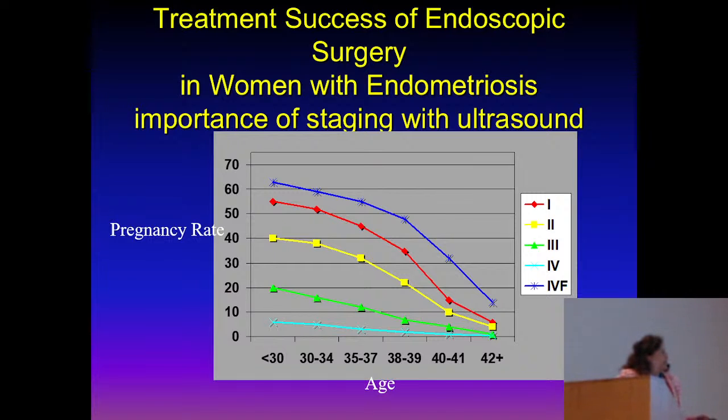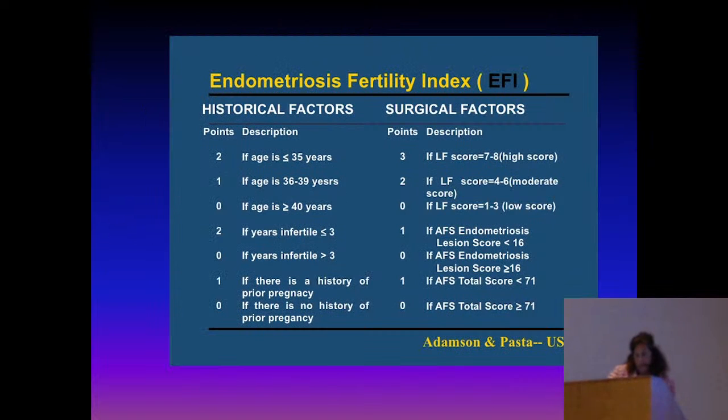And this is the IVF success based on age in stage 1, stage 2, stage 3, and stage 4. So there's an endometriosis fertility index that may be helpful based on historical age, history of infertility, years, prior pregnancy, and then the score at surgery.